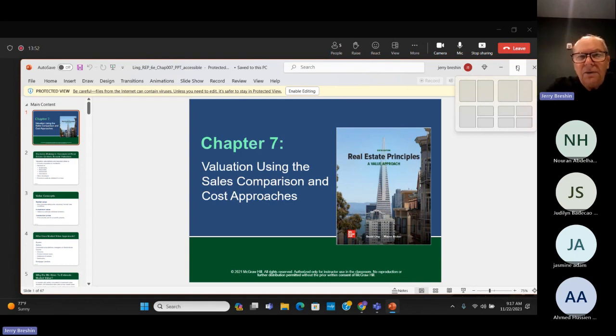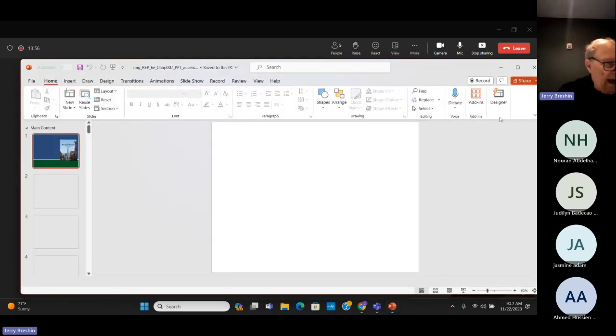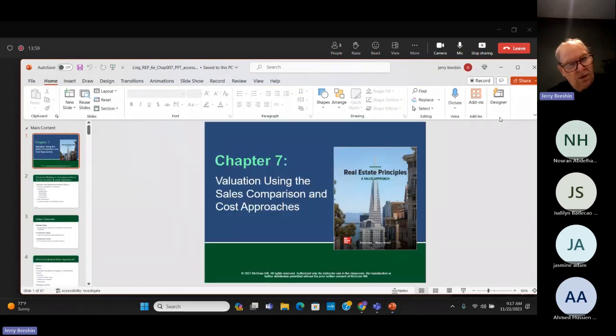Let me begin with an overview. Chapter 7 has 2 themes. The first part of it discusses appraisal, and the second part discusses how to value a property.